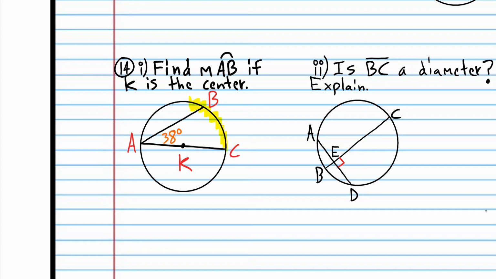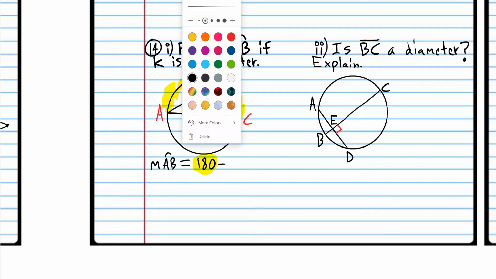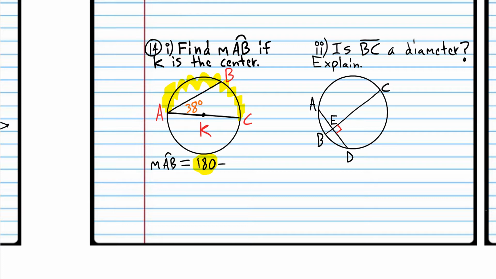So the total arc measure from A to C is 180 degrees. So what we need to do is take 180 degrees and subtract. We're going to take the whole yellow length there, and we're going to subtract 2 times 38, which would be this length here.